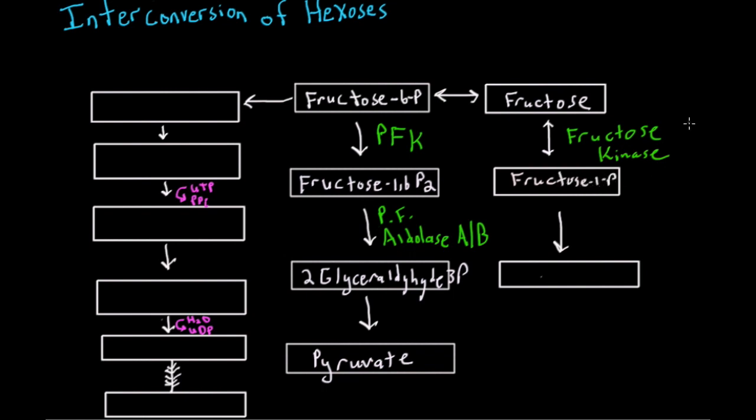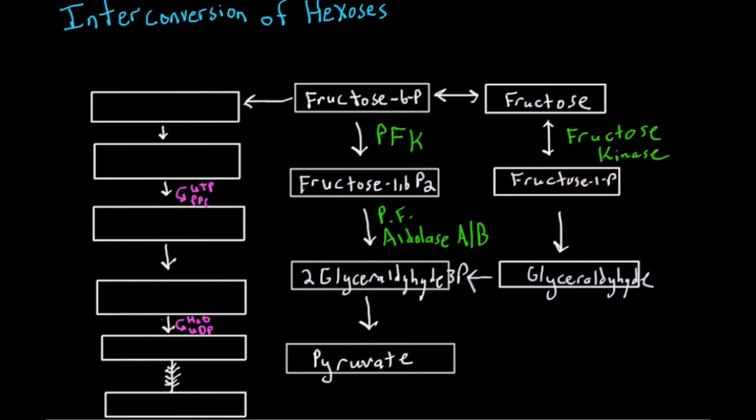And then we can actually use an aldolase on that to yield us a glyceraldehyde, not a phosphorylated one per se. But we can actually take this glyceraldehyde and convert it over to the glycolysis chain.